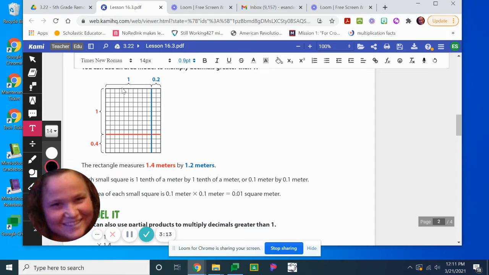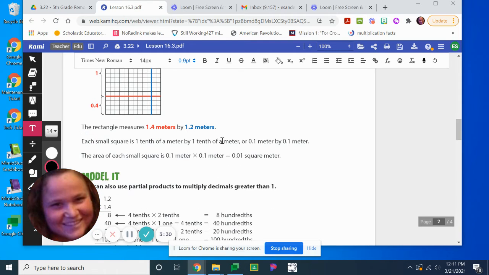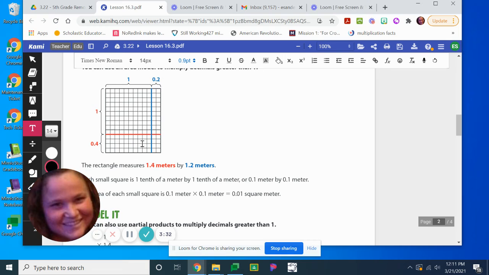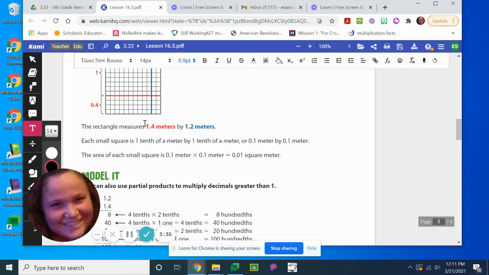So 1 times 1 gives you the 1, 0.2 times 1 gives you 0.2, 1 times 0.4 gives you 4 tenths, and then 2 tenths times 4 tenths equals only 8 of these, which is 8 hundredths. It's the same exact thing, but just using your grid.